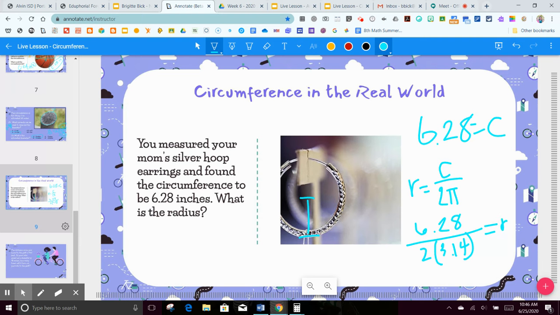So when I do that, it gives me 6.28 still on top. But if you'll notice, 2 times 3.14 also gives me 6.28. And any number divided by itself equals 1. So the radius equals 1 inch. Okay? So 6.28 divided by 6.28 equals 1 whole. So the radius of the earring is 1 inch.